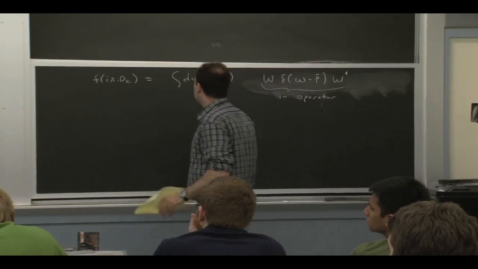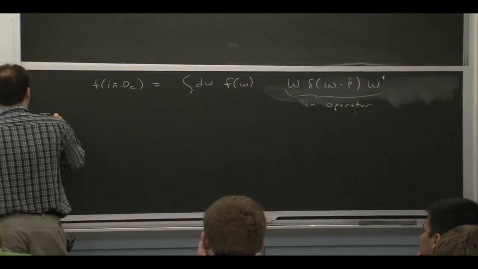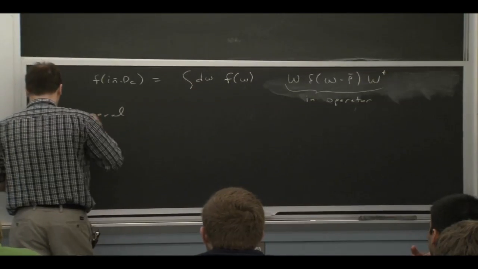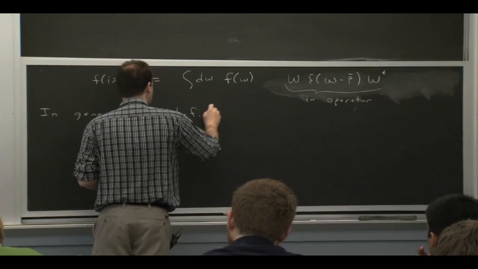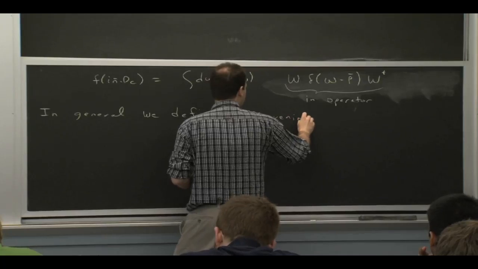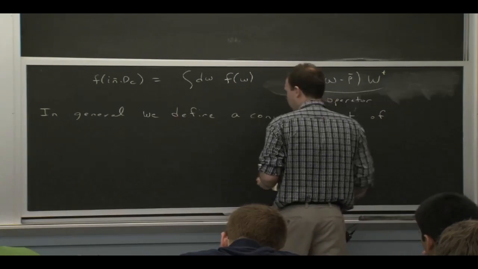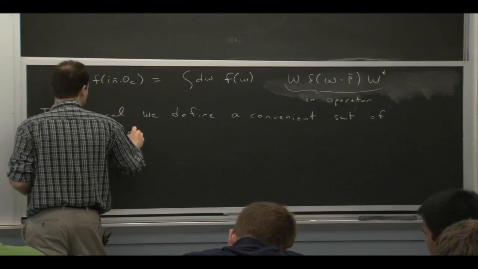Okay. So in general, the right way of thinking about this is as follows. We can encode this in some notation, by just setting up a convenient set of building blocks, which are gauge invariant objects under the collinear gauge transformations.